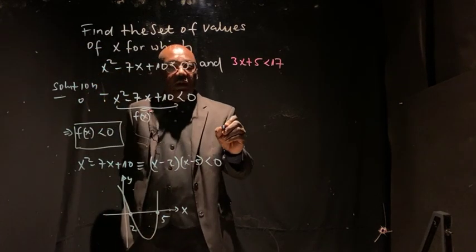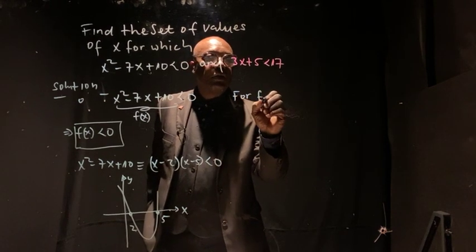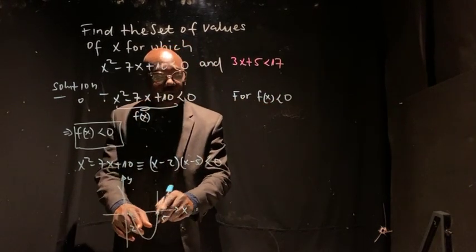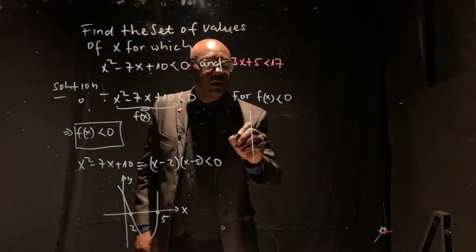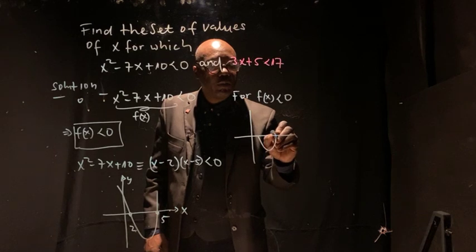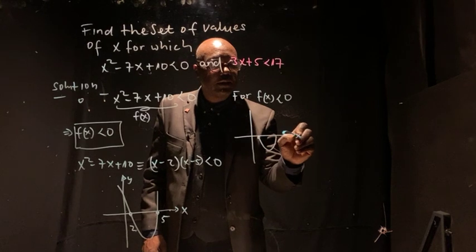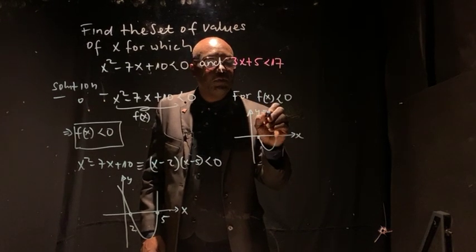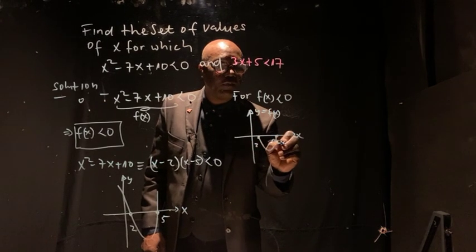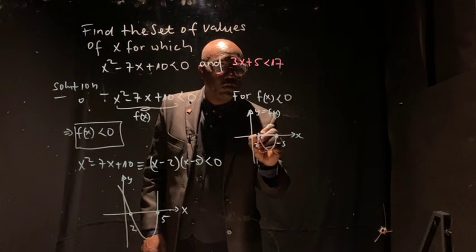For f of x less than 0, it will be this portion of the graph. So it will become something like this. This portion of the graph is what we are looking for, the values of x below the x-axis. This is y equals f of x. So this is 2 and this is 5.